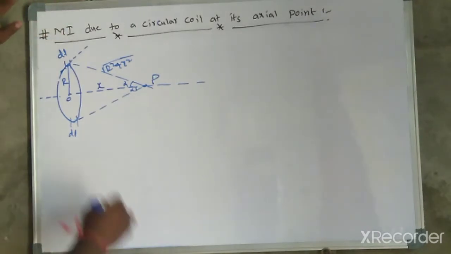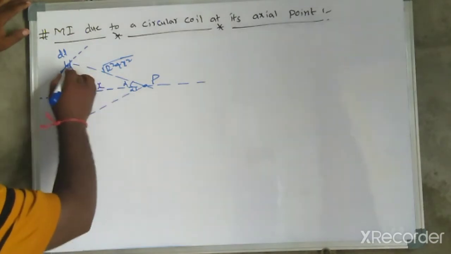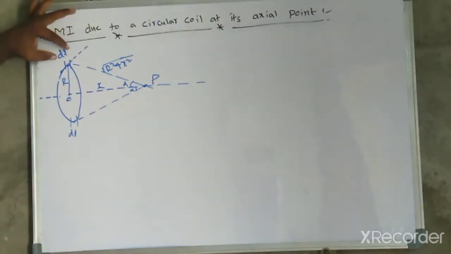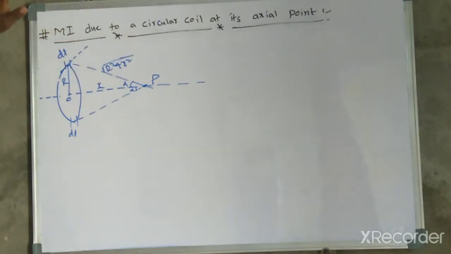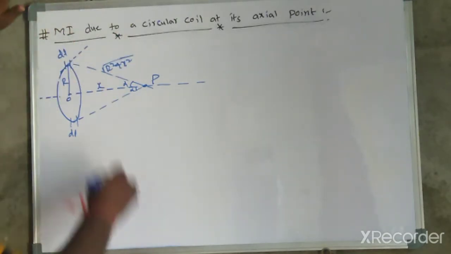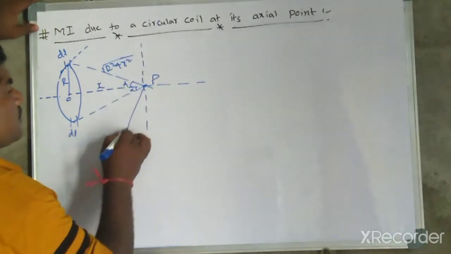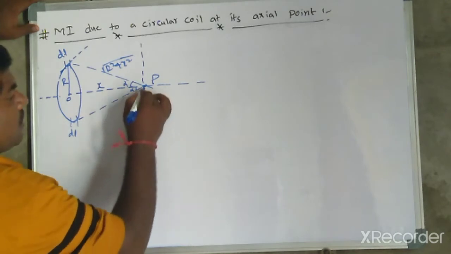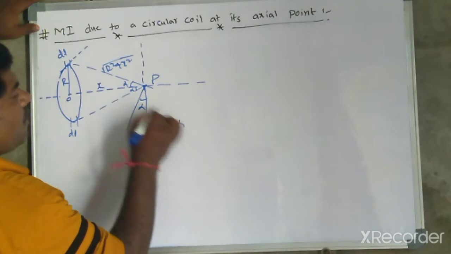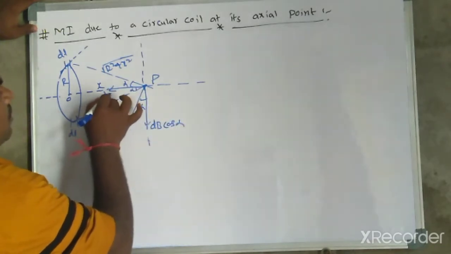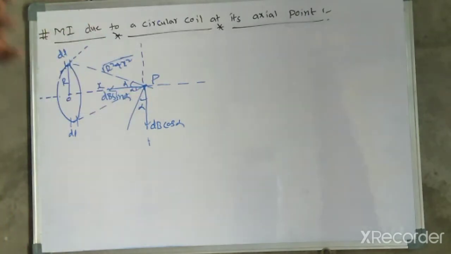Here dB is the small element's magnetic induction at point P. So you resolve the components like this. This alpha, this is dB cos alpha, and in this direction dB sin alpha. In the upper side these are the resolved components.